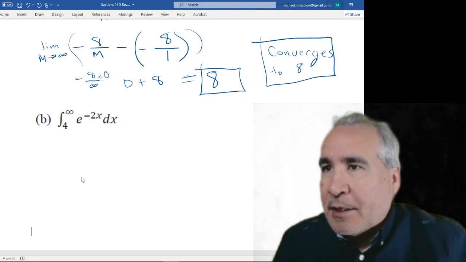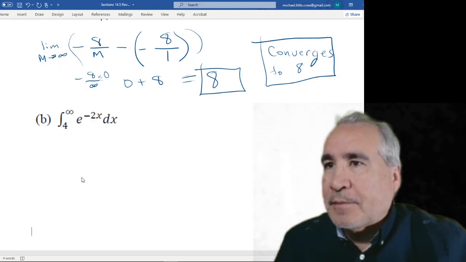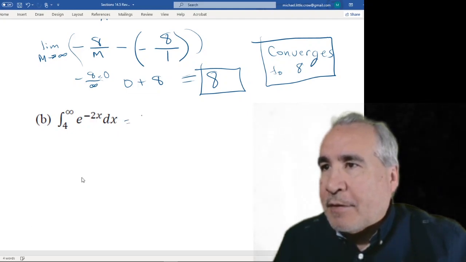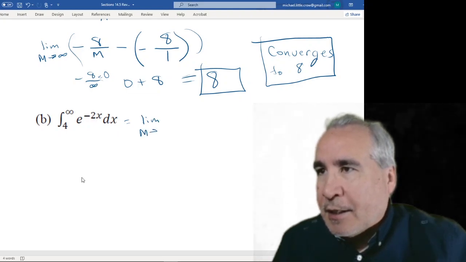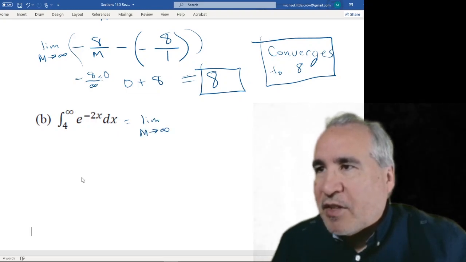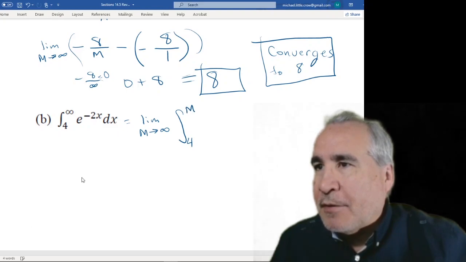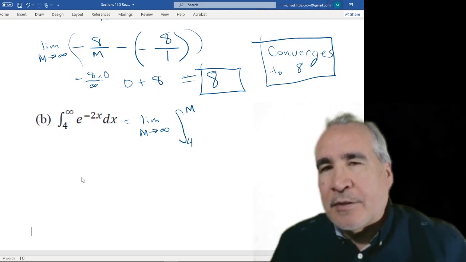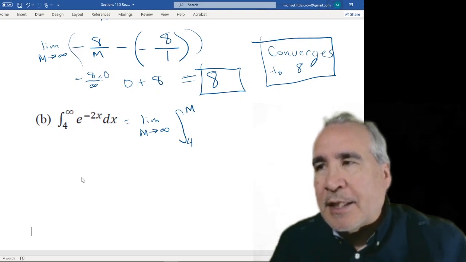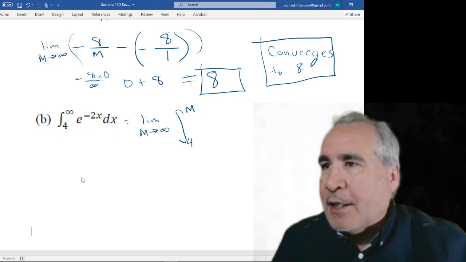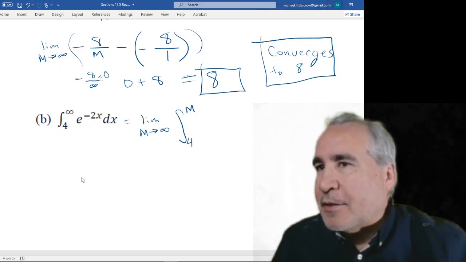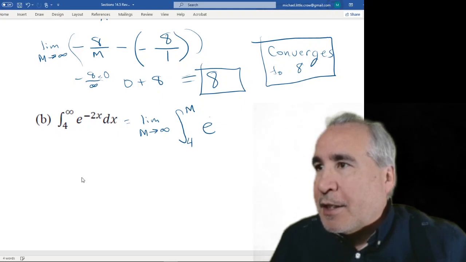So again, we integrate this part, and we want to think of this as involving a limit, as M goes to infinity. It's not really important to call it M, but since that's what the textbook uses, I'll stick with it. We replace the infinity by this M, which is some finite amount. It doesn't go to infinity, and then we use limits to make it go to infinity.